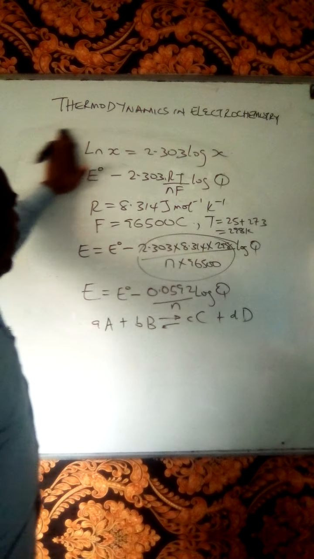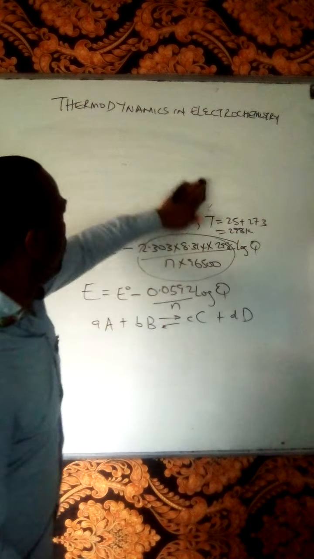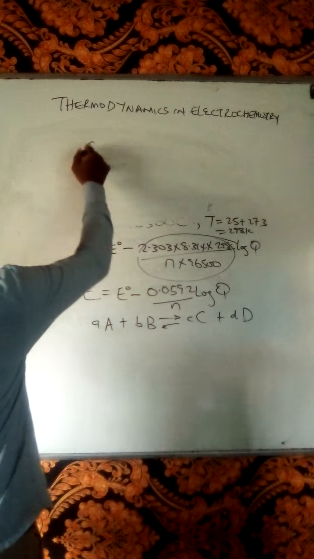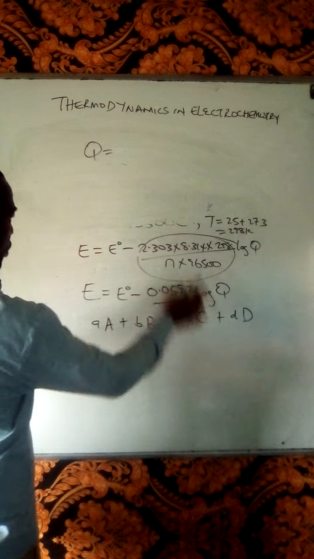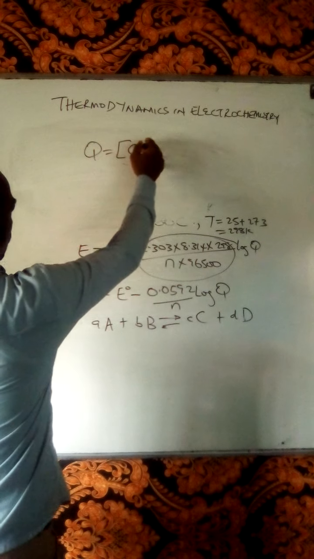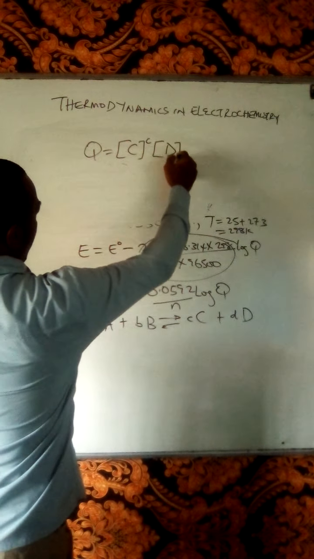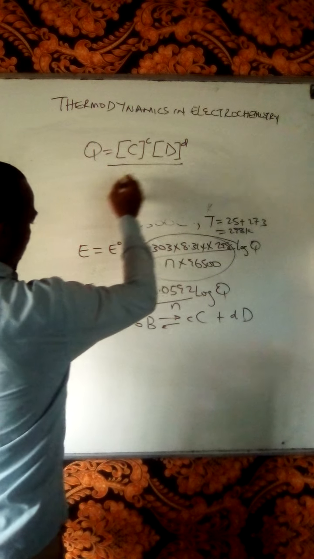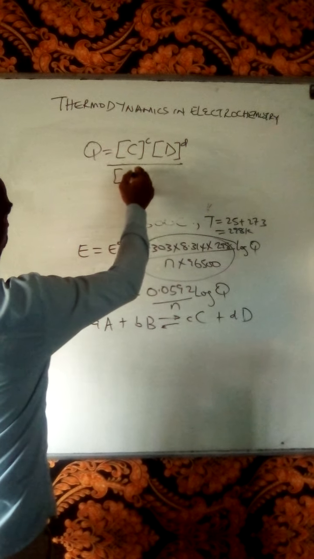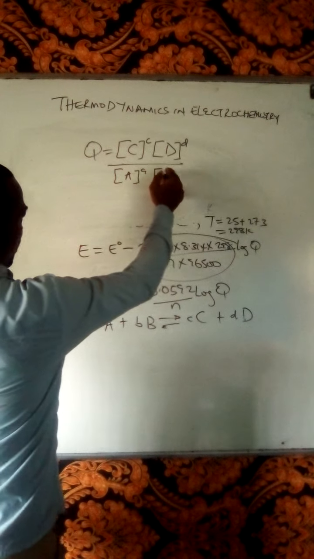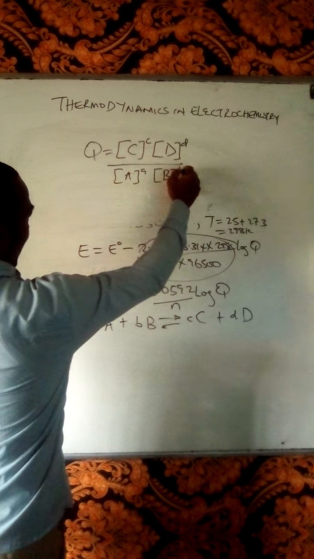So how do we write that coefficient? That is nothing but the ratio of the concentration of the products raised to their numbers of moles, divided by that of the reactants also raised to their stoichiometric numbers of moles. That's what we call the activity coefficient of a reaction.